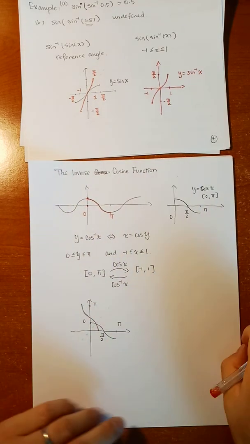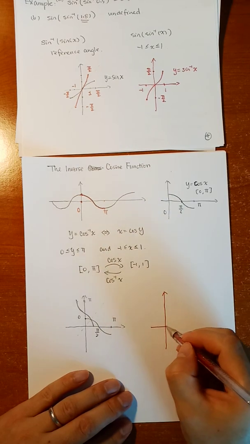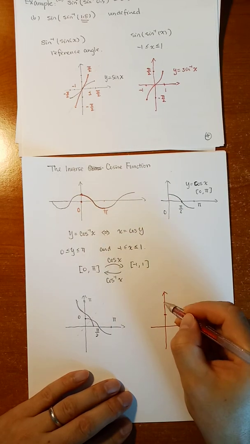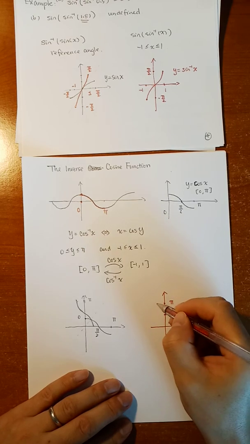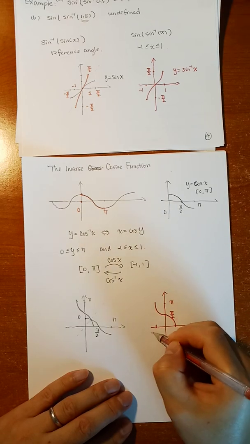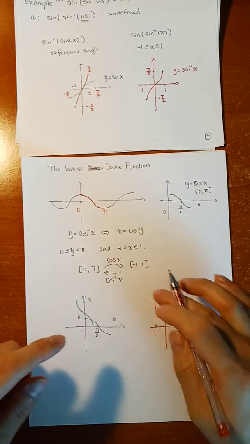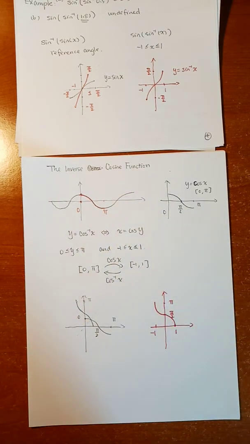So the graph of inverse cosine is like a piece of arc standing on the x-axis.